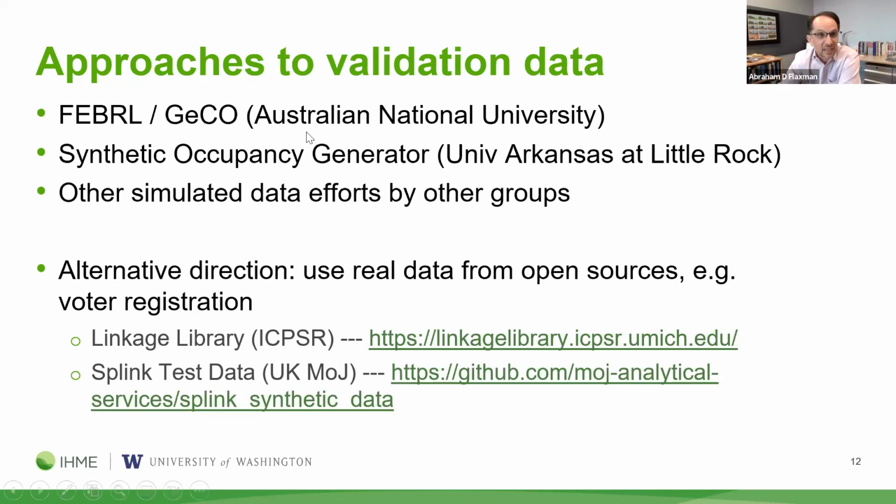In part going beyond it, using some of the ideas in one of the other subsequent approaches called the synthetic occupancy generator that, as opposed to the Febrl/Geco approach from Australia that looks at a snapshot of simulated data, the synthetic occupancy generator approach looks a little bit more over time, simulating what's happening with the individuals that are going to be represented here. So you can look at how people move around.